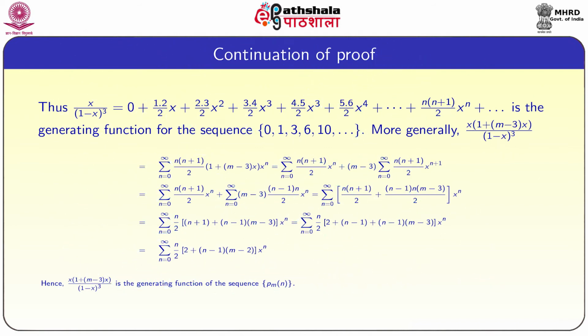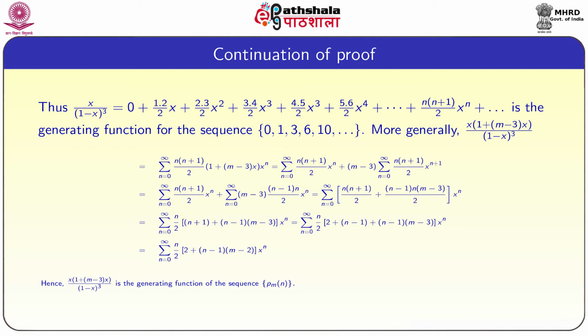In other words, x by 1 minus x whole cube is the generating function for the triangular numbers. More generally, now we will find the generating function for the mth polygonal numbers. So we will calculate x into 1 plus m minus 3 into x by 1 minus x whole cube. We have to calculate that value.